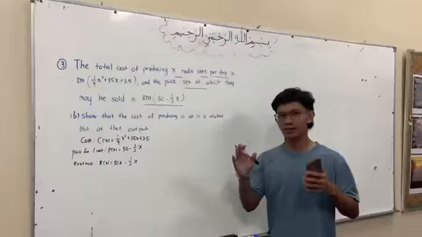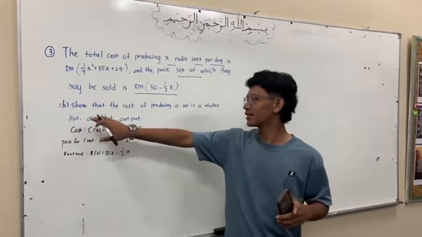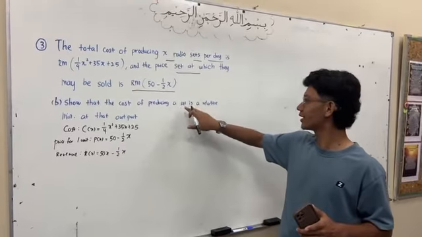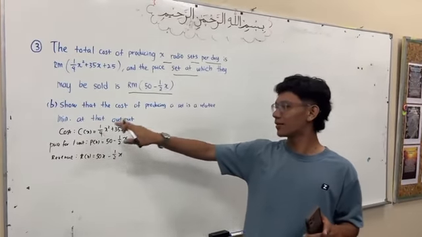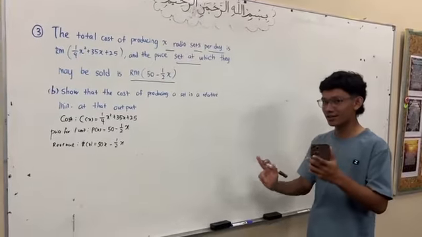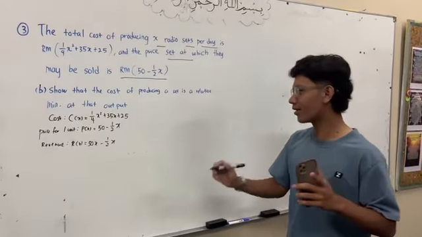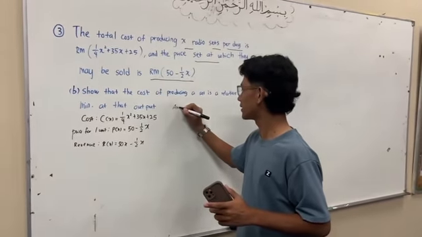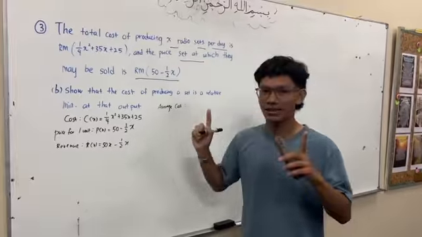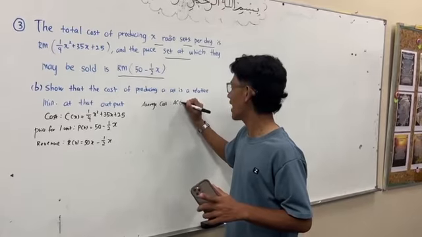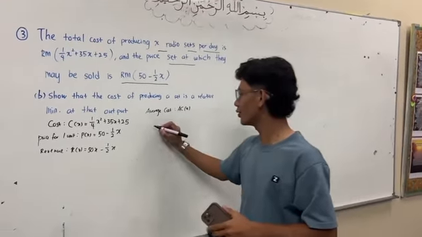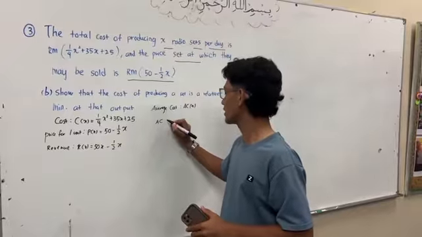Got it? Alright. So the next question is to show that the cost of producing a set is a relative minimum at that output. So the first thing, we need to find the average cost. So the average cost, I label as ACx, right? So how?